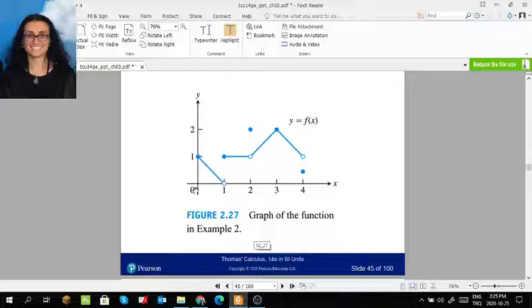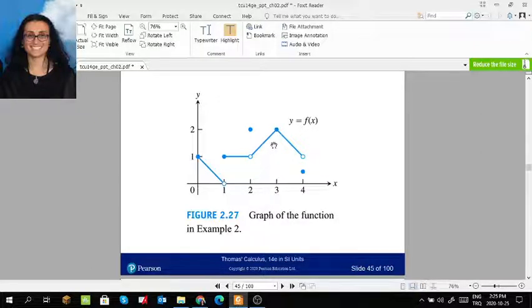Okay, let's see what's the graph of this function. Let's look at the points. For example, at 0 we have the right limit, which is 1. At 1 we have the left limit 0, right limit 1. They don't agree, so at 1 we don't have a limit. At 2 we have the left limit 1, right limit also 1. So at 2 we have the limit 1.